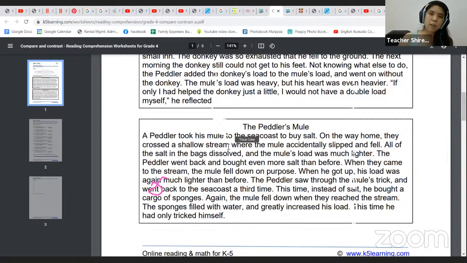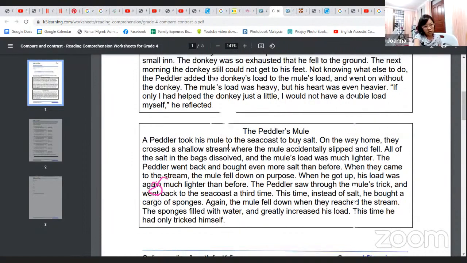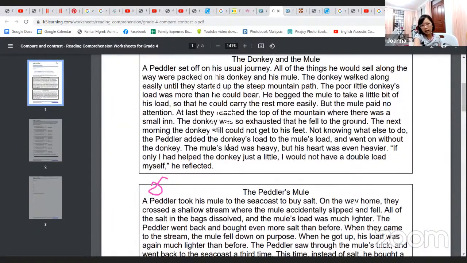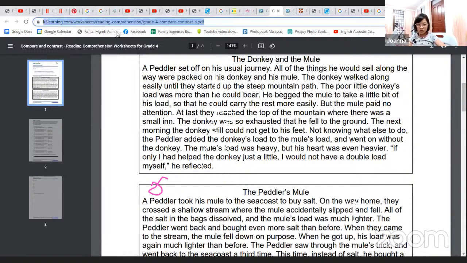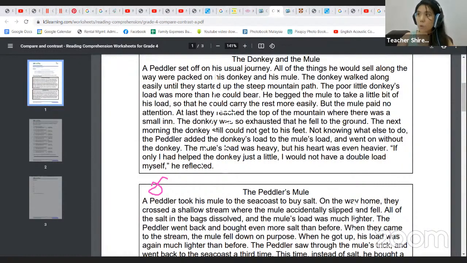Okay, that is also alike. What is the difference? The peddler's mule goes to the shallow stream, and the donkey and the mule went to the mountain. Very good. So one goes to the stream, one goes to the mountain. That is the contrast as well.